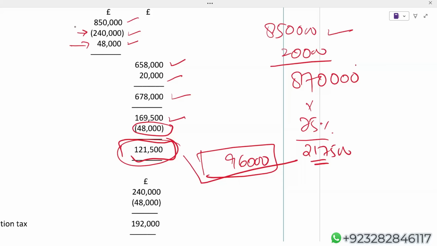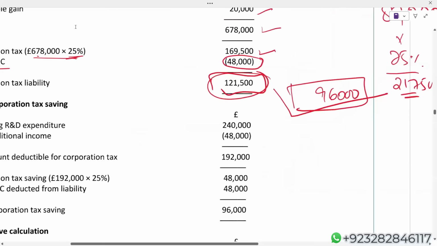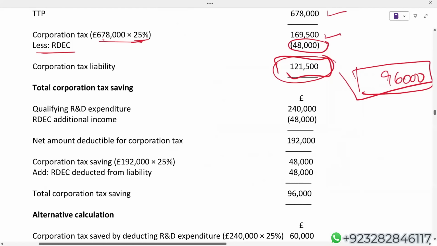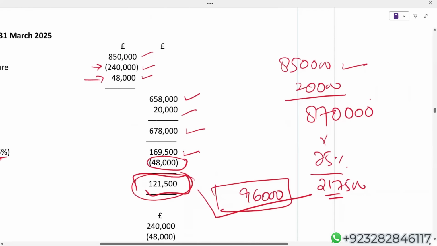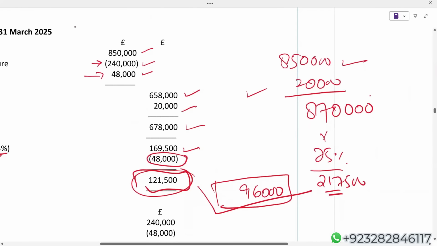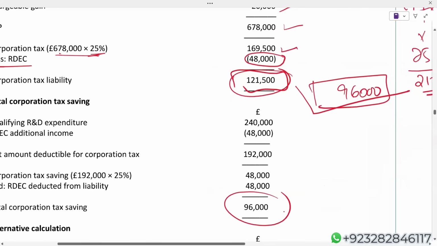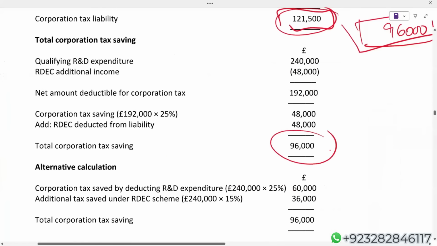So you will automatically get to know how much corporation tax is saved. There are alternative ways of getting the same thing, but I always find this method easier: just ignore R&D and calculate corporation tax. But if you want to follow any other alternative, which I have given in my notes, it's up to you.